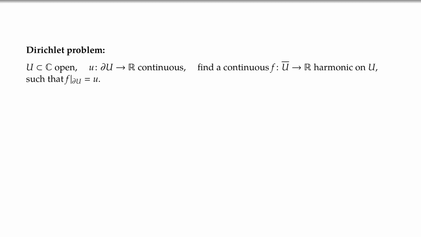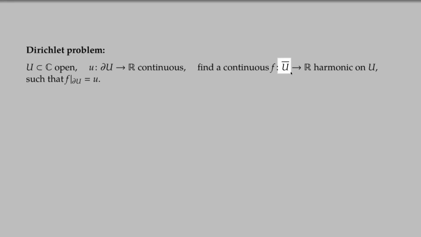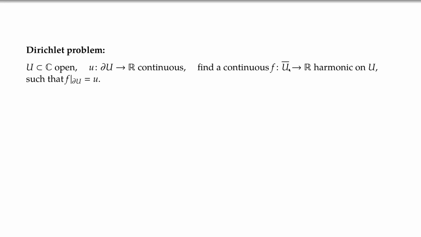let's suppose that we have an open set in C. We have a continuous function defined on the boundary. The problem is to find a continuous function on the closure, right? So it should be continuous up to the boundary.